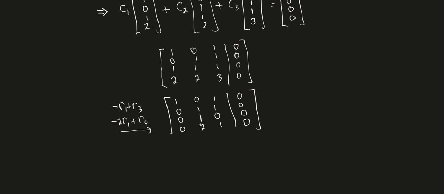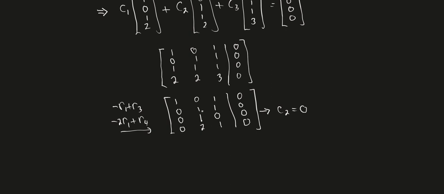And we could go ahead and eliminate this, but if you notice, this equation right here tells me that C2 has to be equal to 0, right? So we could continue doing our elimination, but just recognize that this third row, because it has only one entry in there and it's already a 1, this tells me that C2 has to be equal to 0.